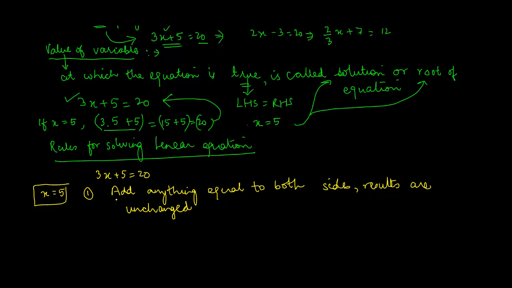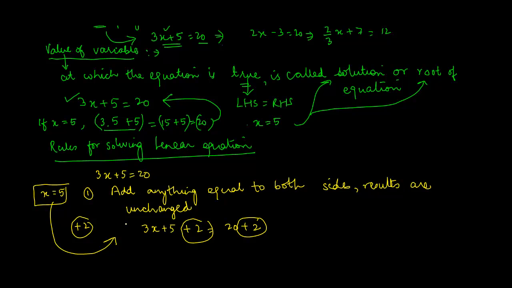In this equation, let's say you add plus 2 to both the sides. So we put this as 3x plus 5 plus 2 is equal to 20 plus 2. So what I have done is I have added this plus 2 to both the sides. Now at x is equal to 5, we know what will be the value of this equation. 3 times x was 15 plus 5 plus 2, 7 is equal to 22.